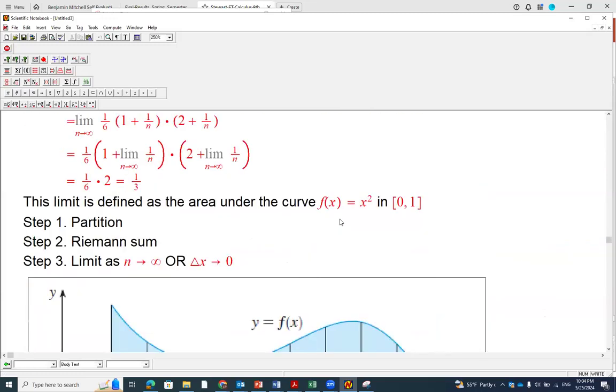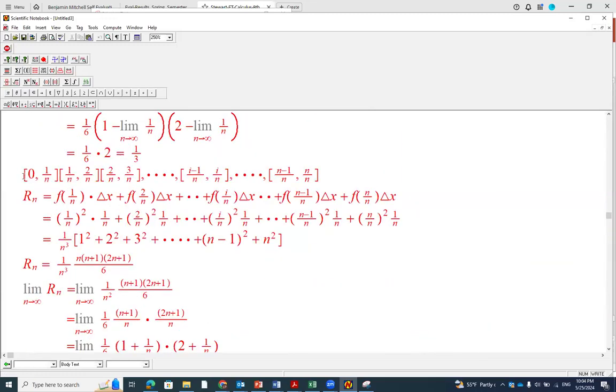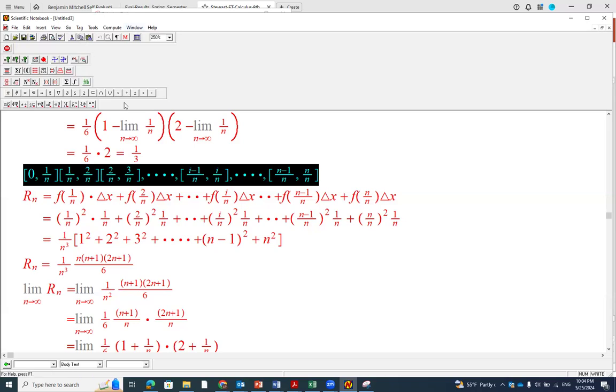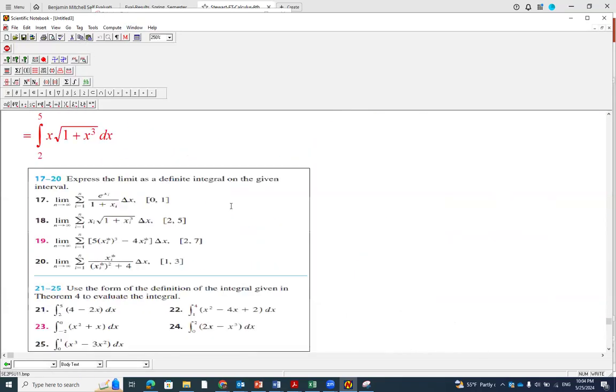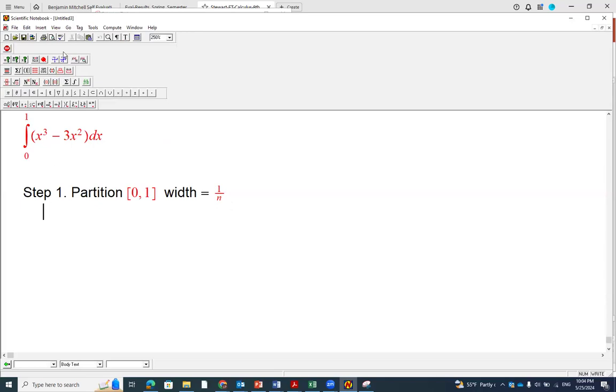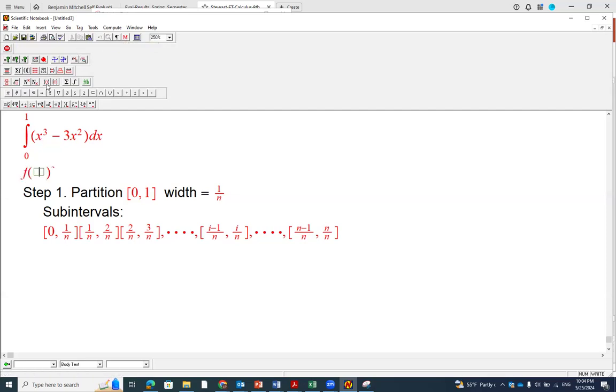Okay, so we've done something similar before, which is this piece. So these are the n subintervals. We have n subintervals. So for each interval, but remember our function here is f of x equals this piece.